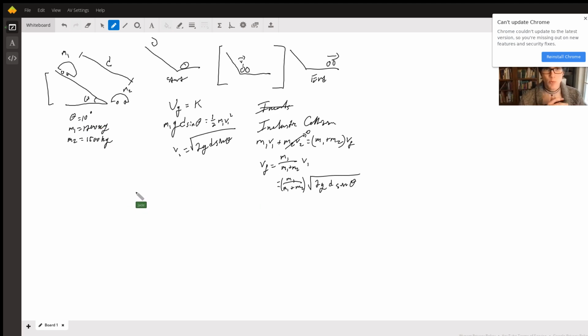So the final question is, what are the open and closed systems here? This is a little bit of a more confusing question. This probably is the way that I would solve it because it's the easiest. But when we're dealing with open and closed systems, you could consider M1 as an open system, or as the only system, right?